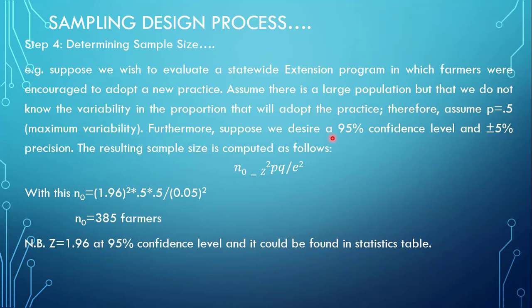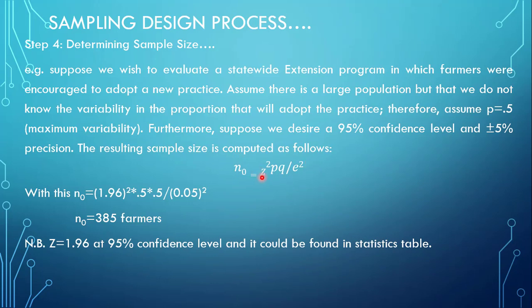We don't know the customers, but the proportion is 0.5. So with a desired confidence level of 95%, and with the precision level of plus or minus 5%. So we don't know the exact number of the population, so you could use the formula I have provided you here.